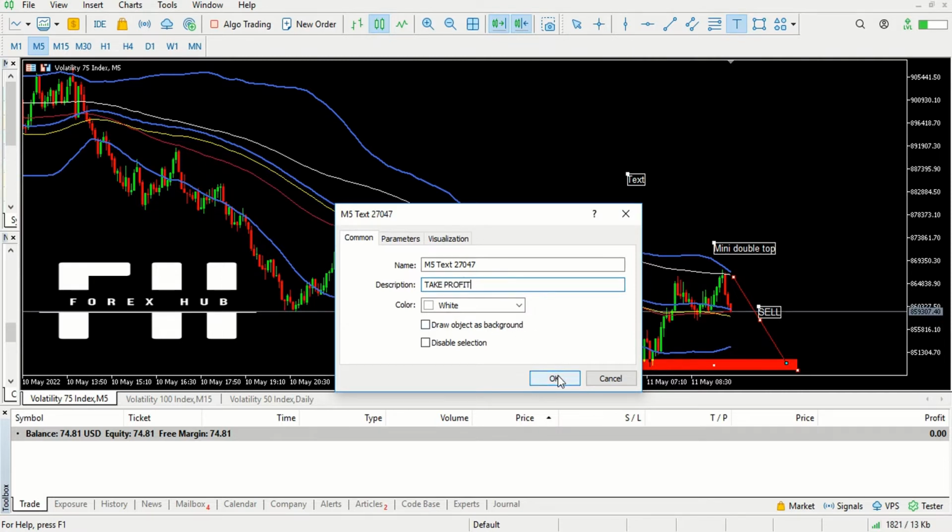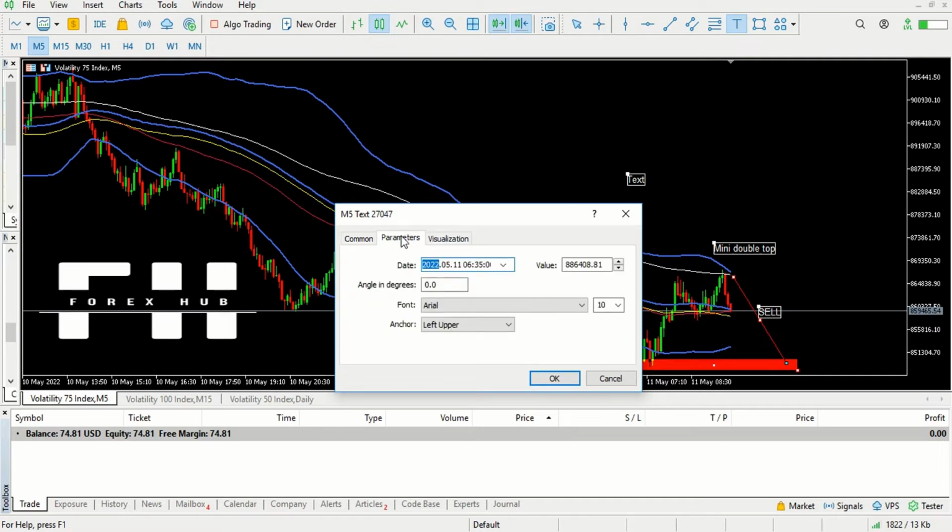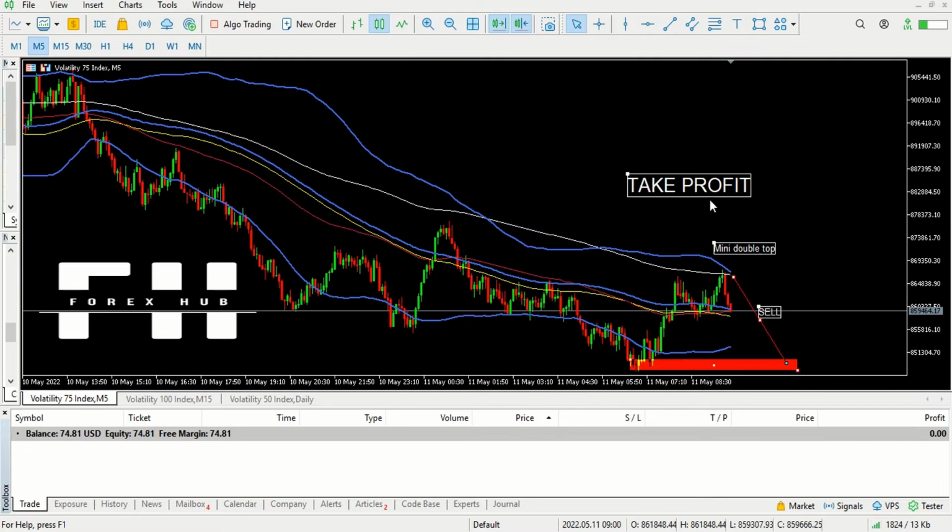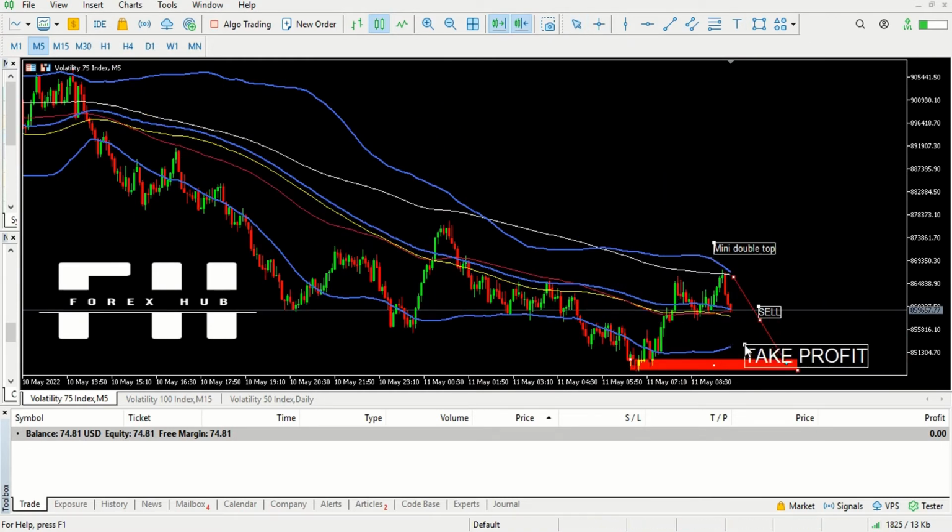So you can see the downtrend line shows us where our sell is, and then this red rectangle shows us where our take profit is.